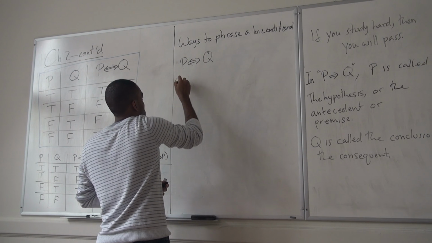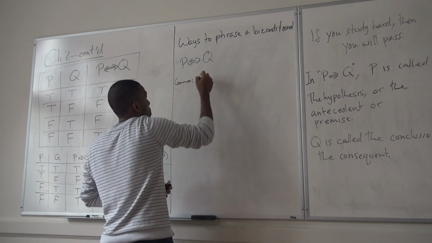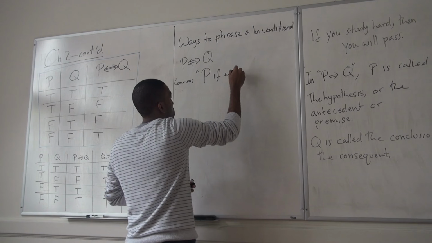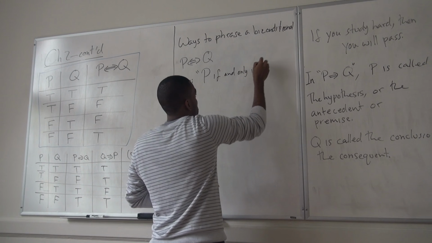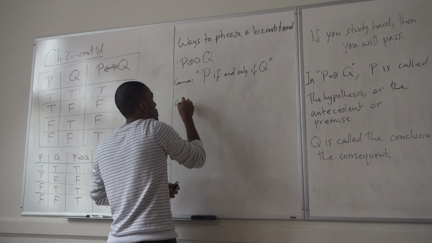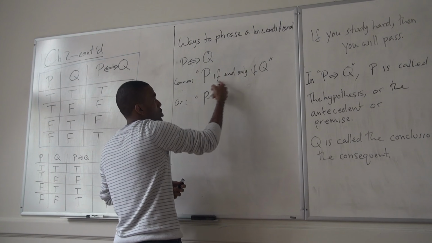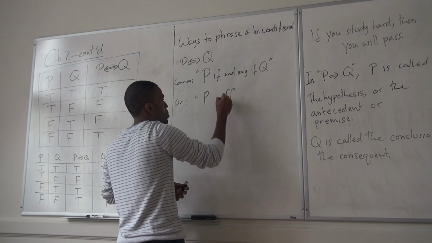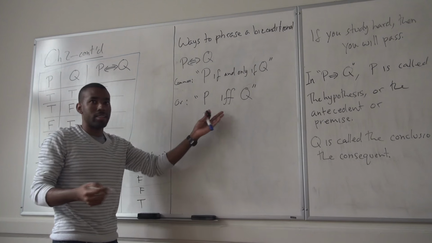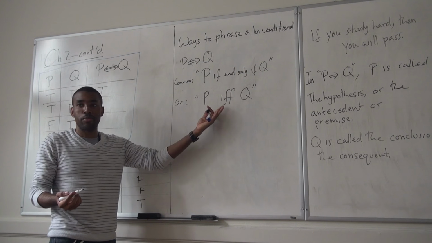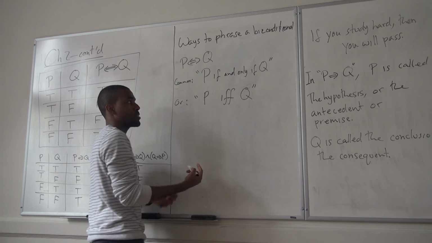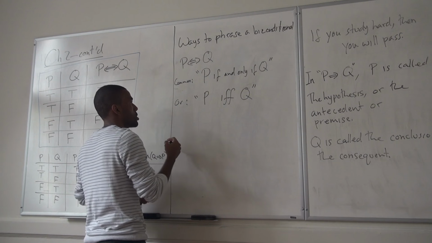So the common way is to say P if and only if Q. Sometimes you write a shorthand, you write two F's. That's what it means. So if you see me write that, it's not a typo. I know how to spell the word if. It's actually on purpose. So if I say two F's, I'm talking about a biconditional.